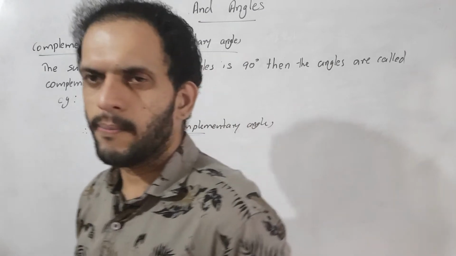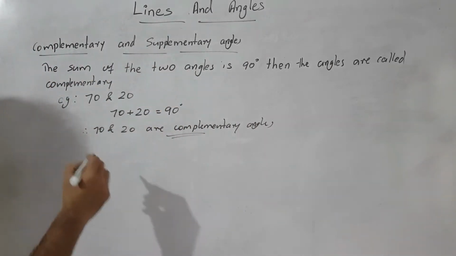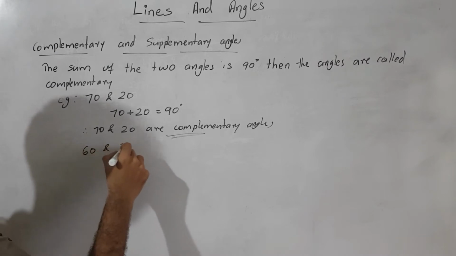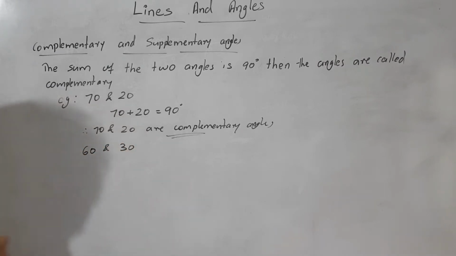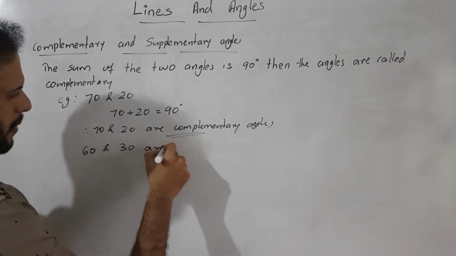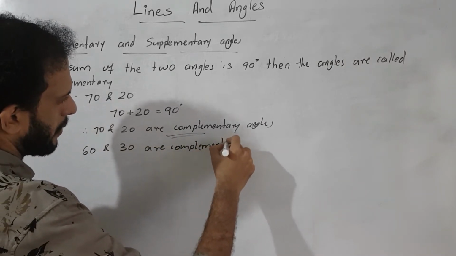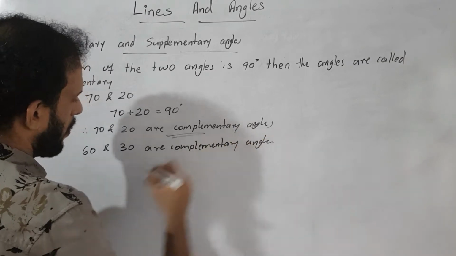The other example, 60 and 30. 60 and 30 are complementary. Why?